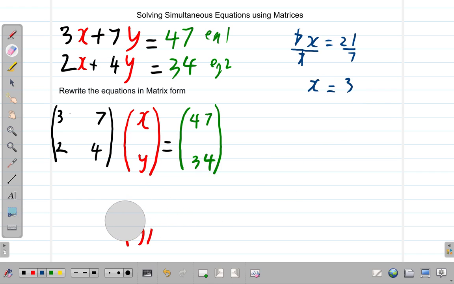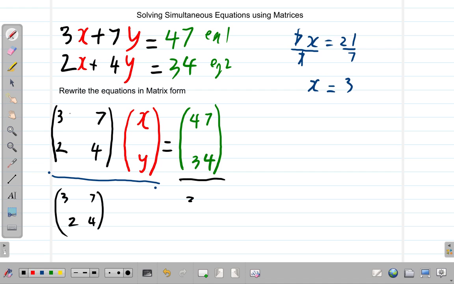So, if you should, for argument's sake, divide both sides by the matrix 3, 7, 2, 4, then 3, 7, 2, 4 will cancel, and you're left with x, y equals 47, 34 over 3, 7, 2, 4.